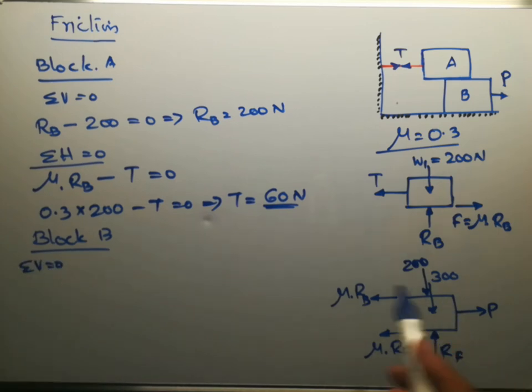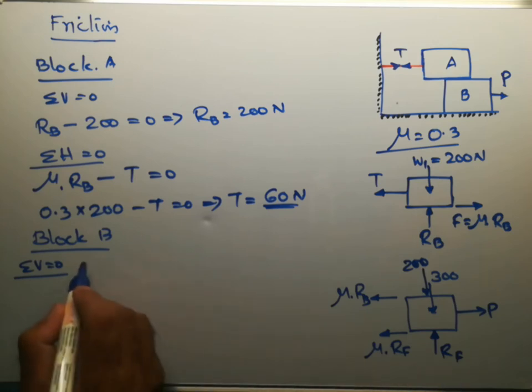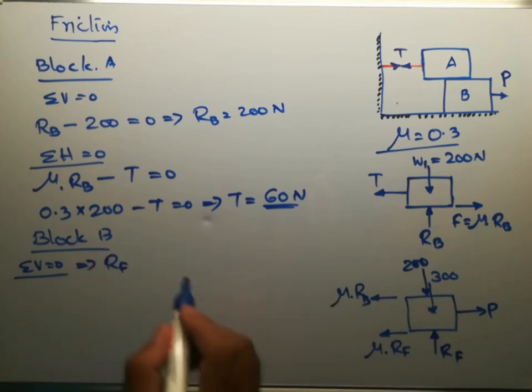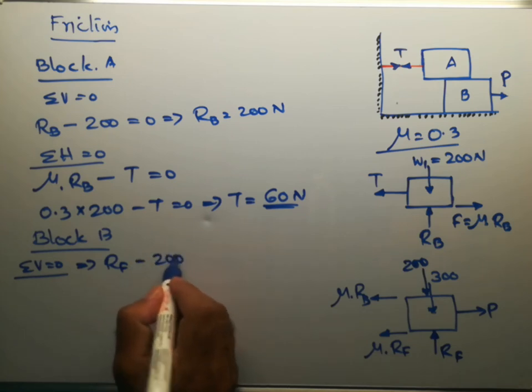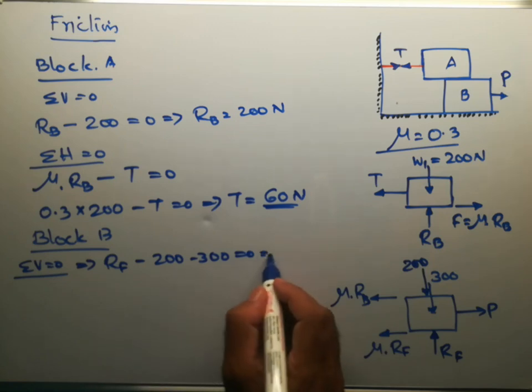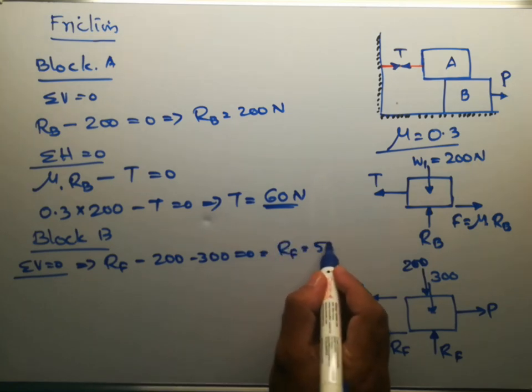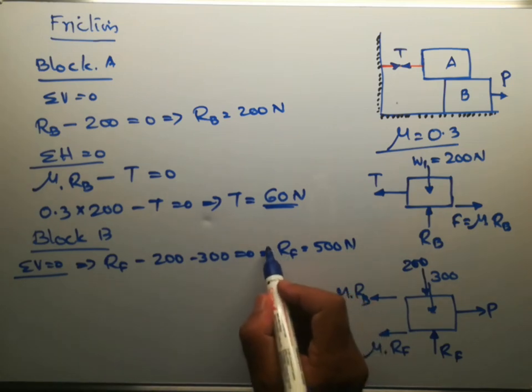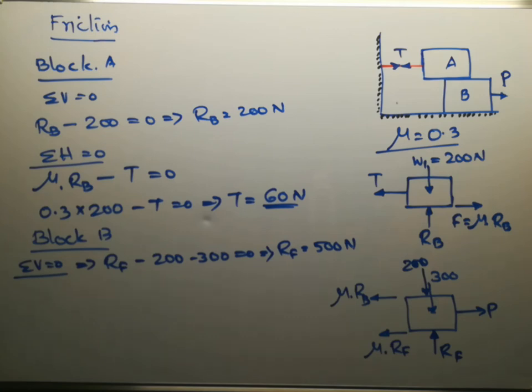For block B, if you apply sigma V equal to 0, that is the algebraic sum of all the vertical forces acting on block B equal to 0, the equation will be RF, in the upward direction, taken as positive, minus 200 minus 300 equal to 0. That gives RF equal to 500 Newton.